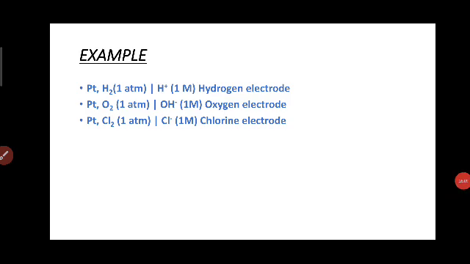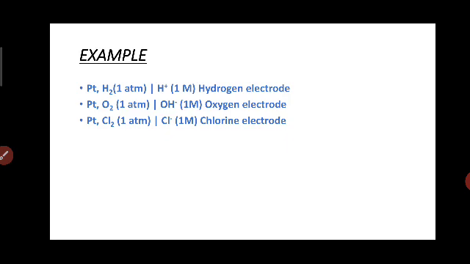For example, platinum, H2 gas we maintain at 1 atmospheric pressure and 1 molar concentration. Hydrogen electrode, oxygen electrode, chlorine electrode. For the oxygen electrode, oxygen with OH minus. Cl2 means Cl minus. H2 means H plus ions are there.